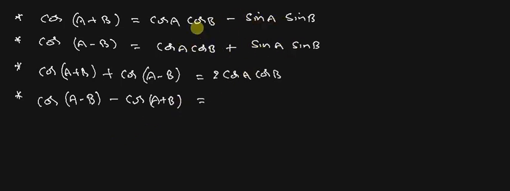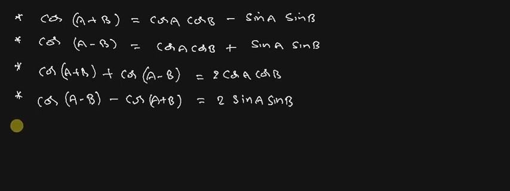We have to subtract this quantity from this one, so these quantities are cancelled, and the result would be 2 sin a sin b. Just write down all these results somewhere in your notebook. Okay.